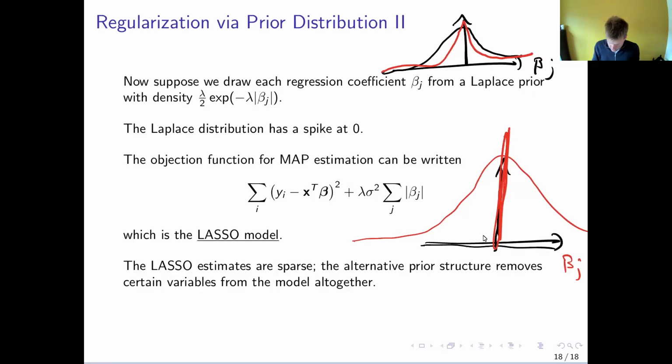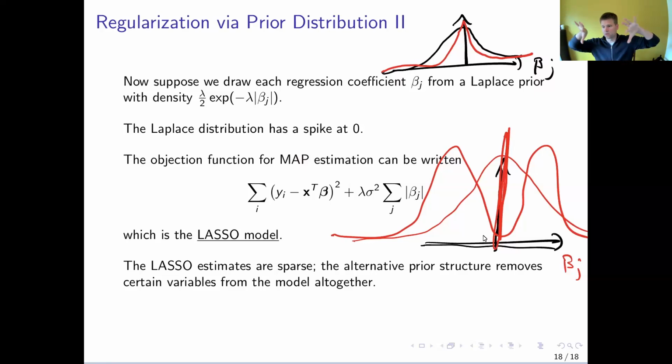I've also seen other variants of the slab where you get something like a distribution with 2 modes, right? So that says something even stronger, which is if the beta j is non-zero, then I'm actually going to draw it from a distribution with very little mass at 0. Well, the point is, by manipulating the prior structure, you can use different assumptions about how the model looks, and that can feed down into inference, but in a way that's all been made explicit by the statistical model you've written down.